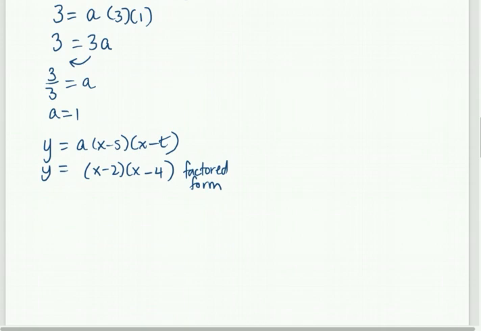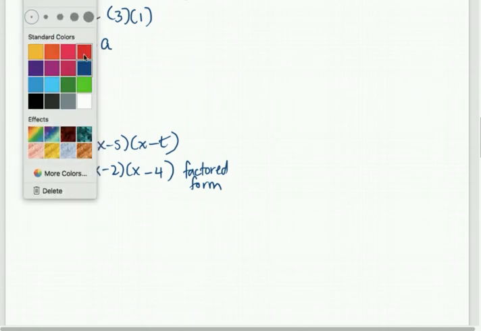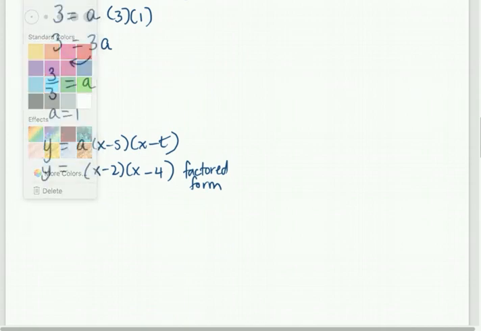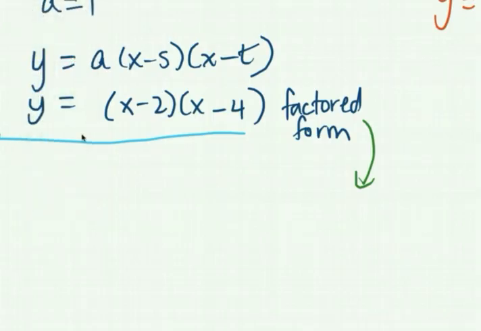So what you're going to do here now is you're going to expand out the factored form. So I'm going to use the FOIL method here. So x first is x squared. Okay, outer is negative 4x, inner negative 2x, last, okay, is positive 8.